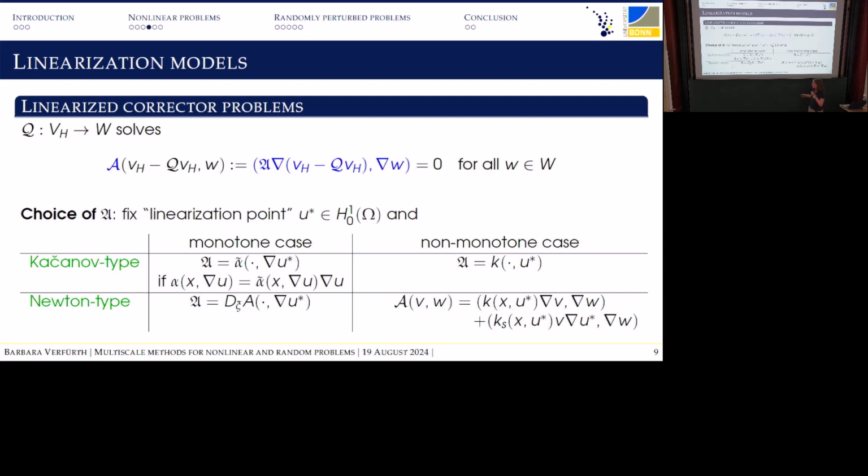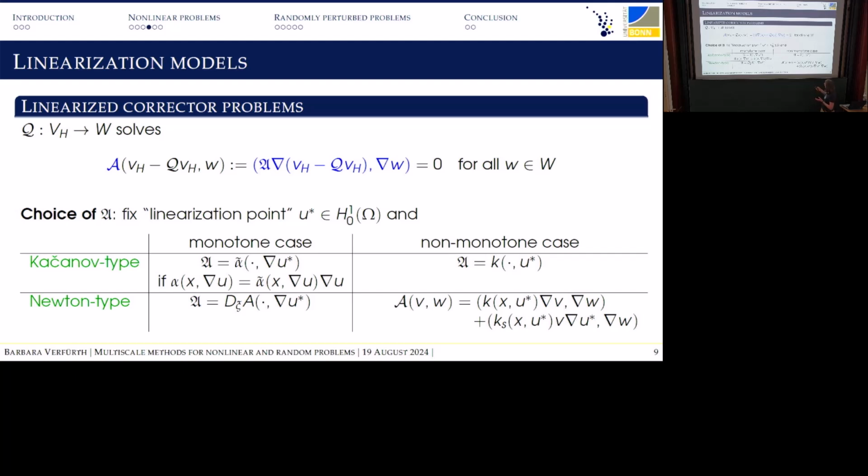This Kachanov type is sometimes also called frozen nonlinearity. So you see it here, if you have this type of structure, you can just say, okay, I want to have a diffusion type problem, so I just replace the nonlinearity by fixing the function at which I evaluate the alpha tilde to be this fixed function here, and then things are linear with respect to gradient u.